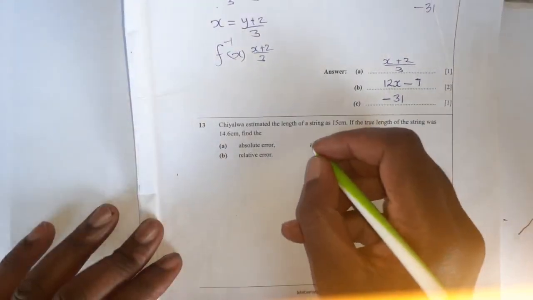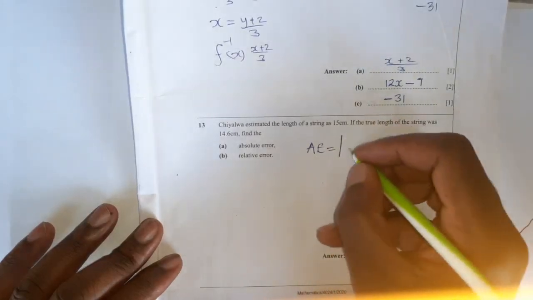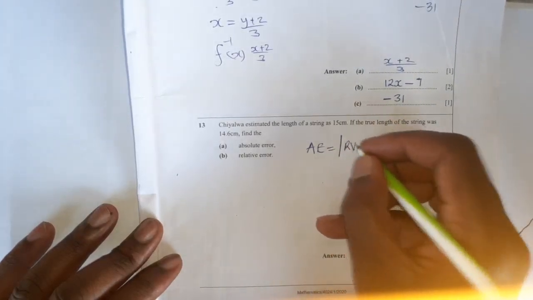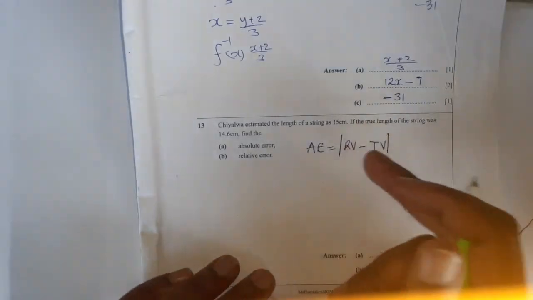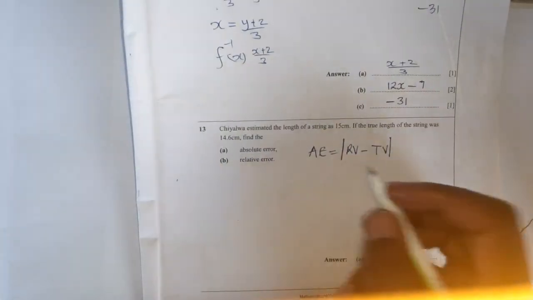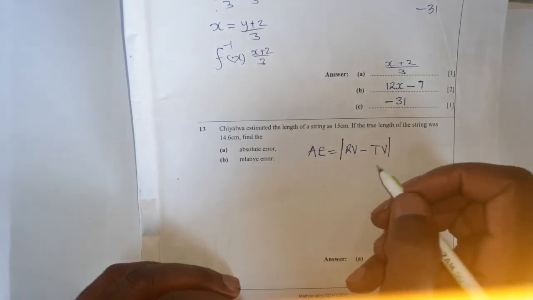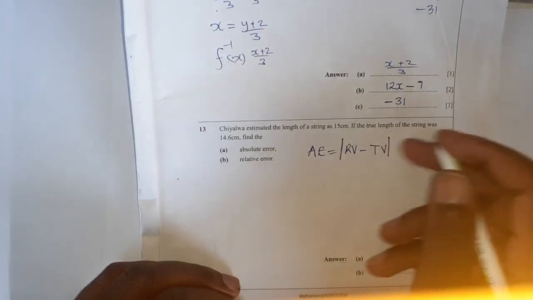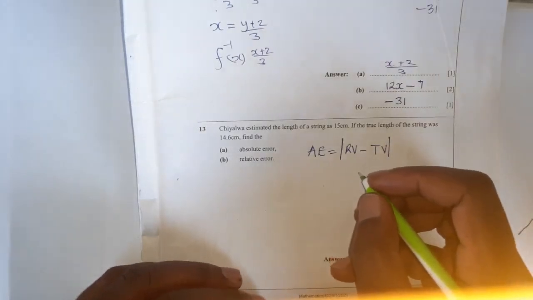So absolute error is equal to recorded value minus true value. Okay, so we have an absolute error here. So definitely whatever we get inside here, whether negative or positive, it should come out as a positive. So the recorded value is what?